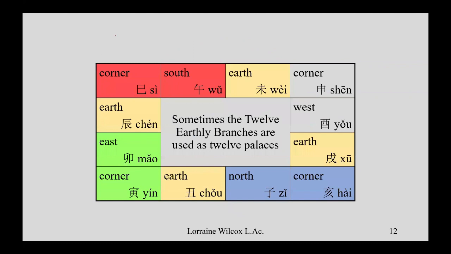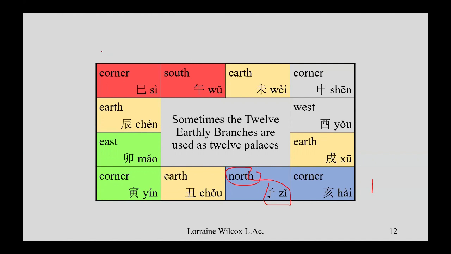They're also sometimes used as something called the 12 palaces. In that case, they're generally put in a square or rectangular diagram, where they're still always in the same order. But again, we have north and Zi at the bottom, although in this arrangement it has to be a little bit skewed because there's no center palace at the bottom.